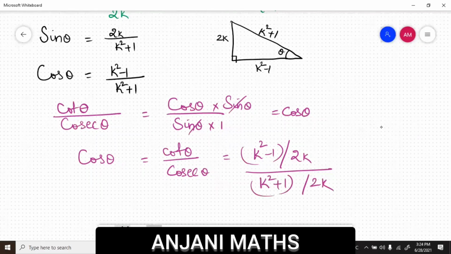So these two get cancelled, and we get k square minus 1 by k square plus 1. So we can follow either that way or this way, but the easiest way is writing the trigonometric ratios from a right angle triangle. So in this way, we solve all these problems.